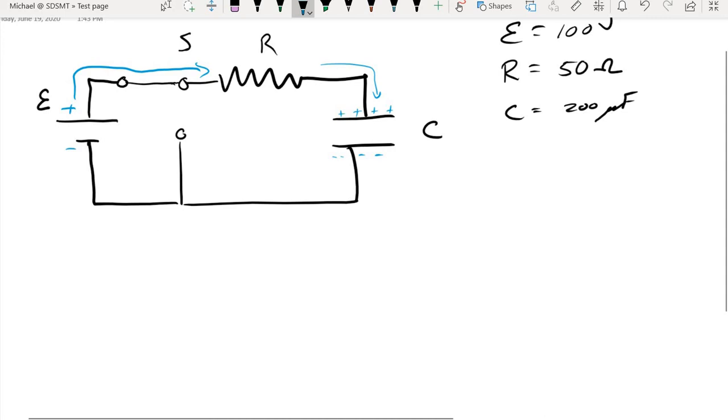But this can only last for so long. Eventually, this capacitor is going to reach a maximum charge based on the potential across its plates and based on the potential of the battery. While the charge is moving from the battery to the capacitor, it has to pass through the resistor.